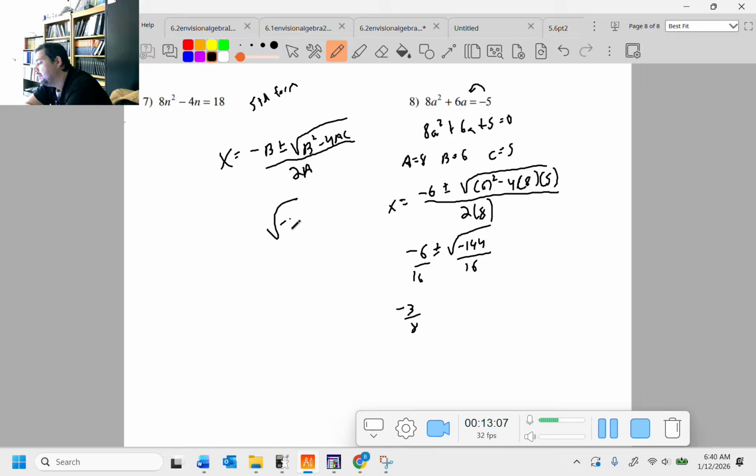Your root of negative 144 is, first off, the imaginary root of a positive 144, and the positive root of 144 is 12i. So this piece becomes plus or minus 12i over 16, and both those are divisible by 4, right? So plus or minus 3/4 i.